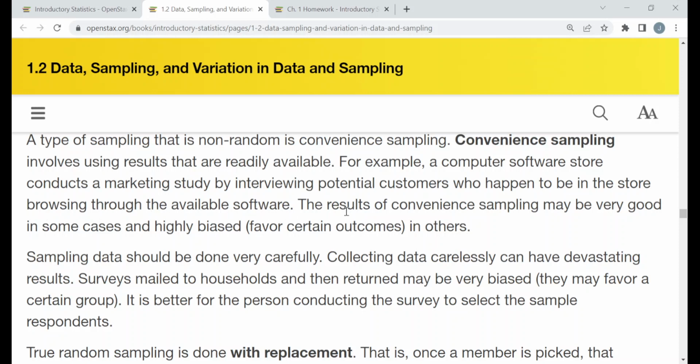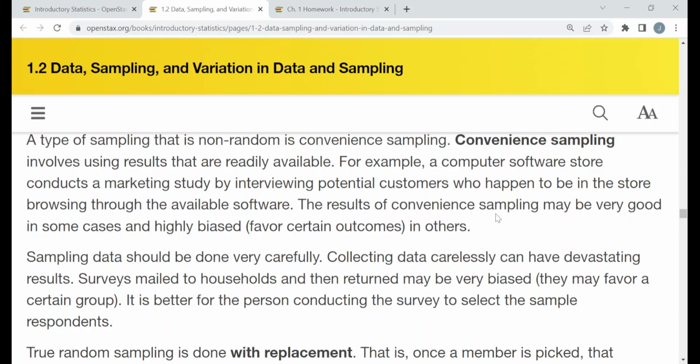The results of a convenience sample may be very good in some cases and highly biased in others. Biased means to favor certain outcomes over others. This is considered convenience because those customers are already in the store. So there's a bias there, right? They already are customers.